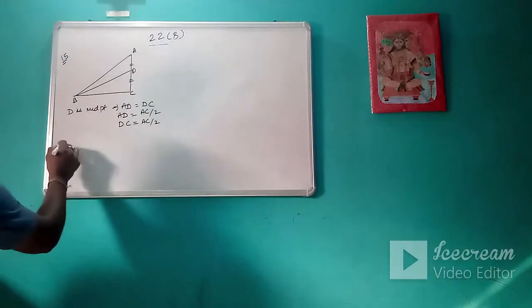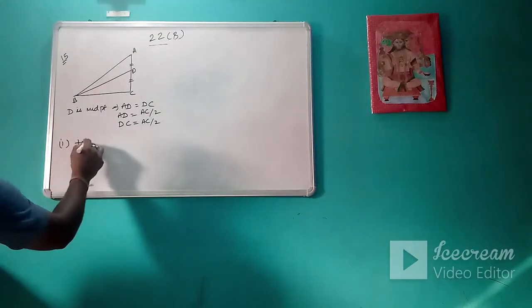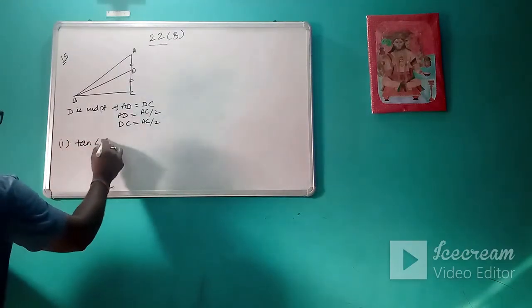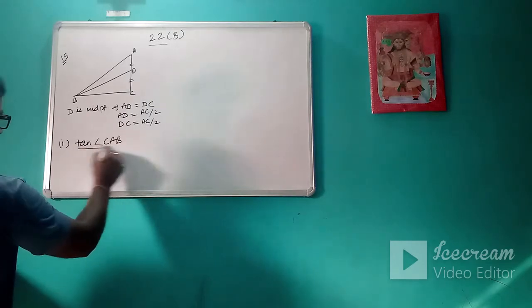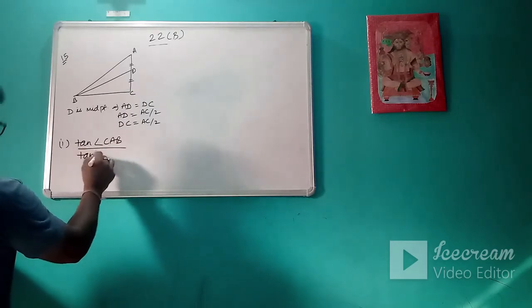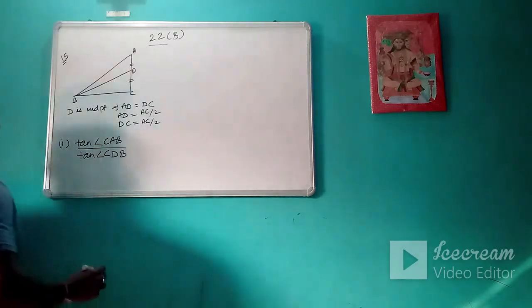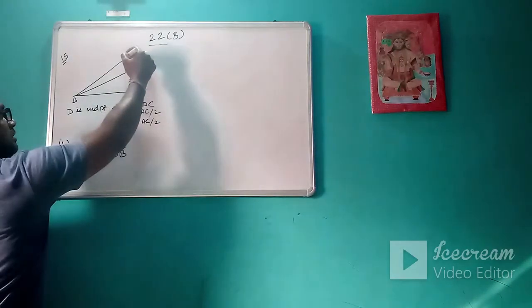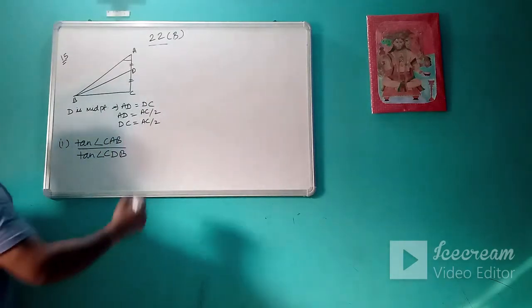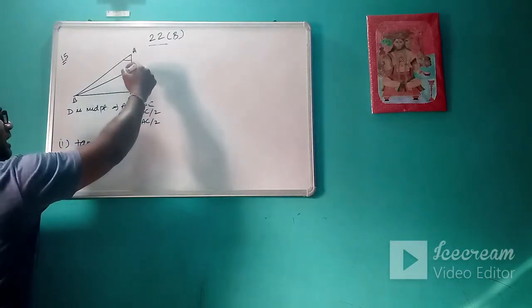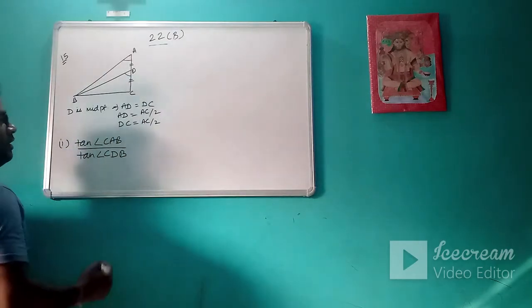So the first thing that is asked is tan angle CAB upon tan angle CDB.